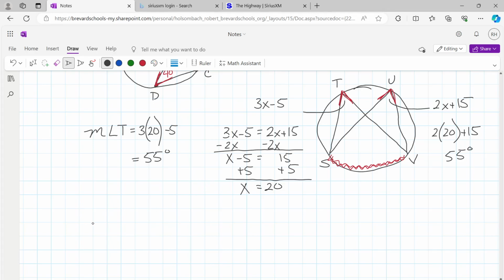All right, now the guided practice says the measure of angle S equals 3x, and the measure of angle V equals x plus 16.